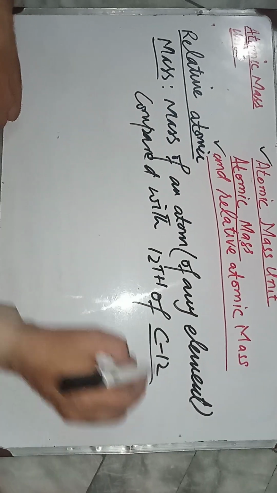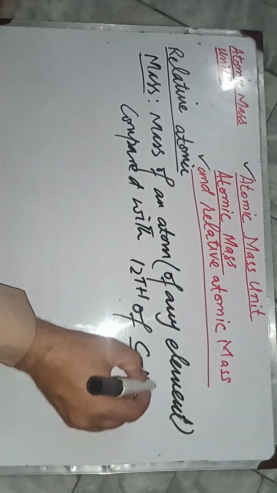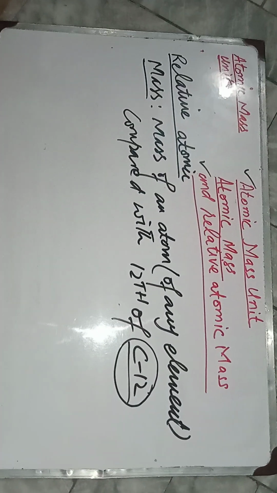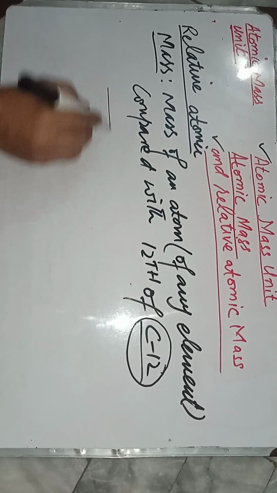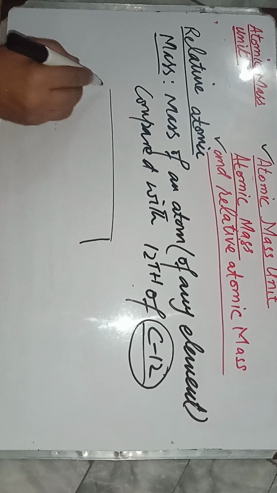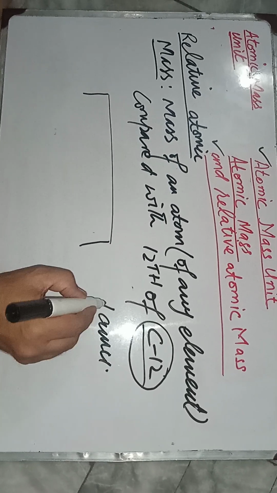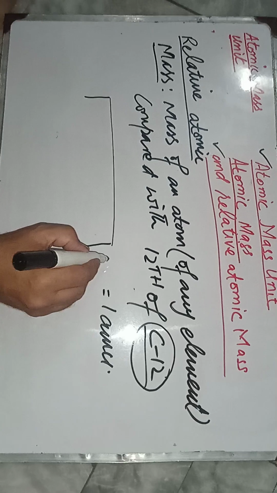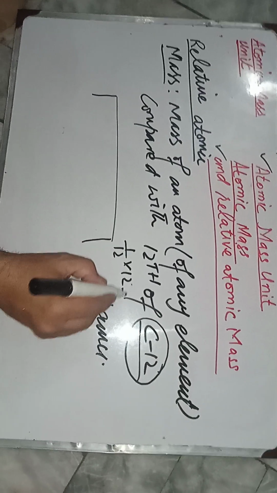For example, we have three isotopes of carbon. We are taking carbon 12 for the three reasons which I discussed just before. Now, comparing means that we have one unit, one atomic mass unit, which is the outcome of the 12th of the carbon 12. Clear?